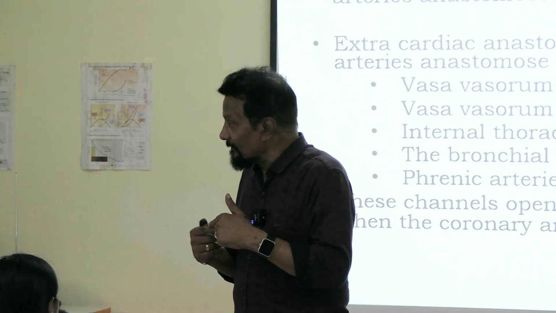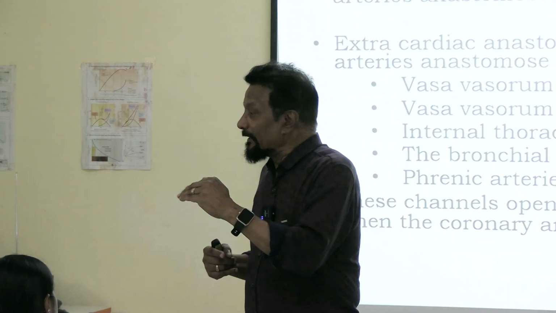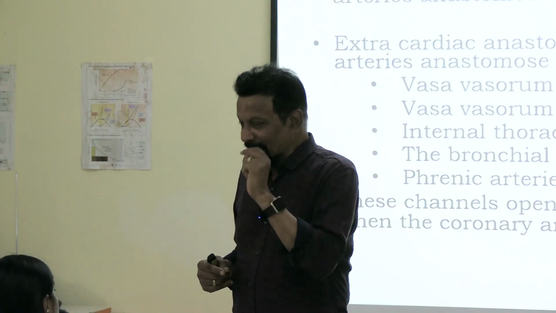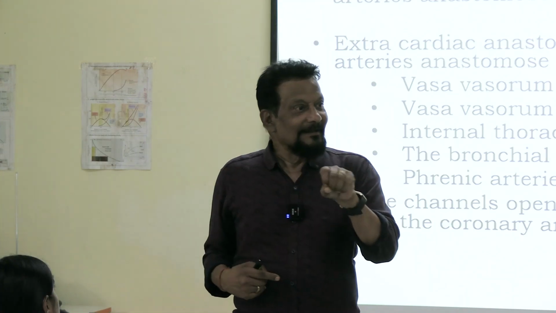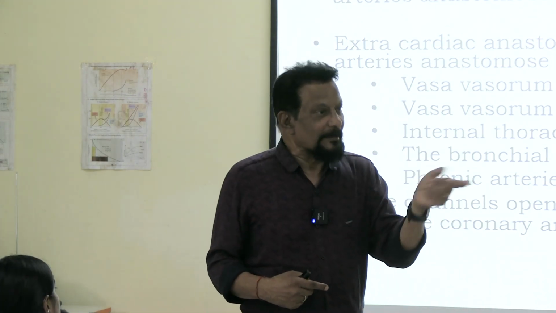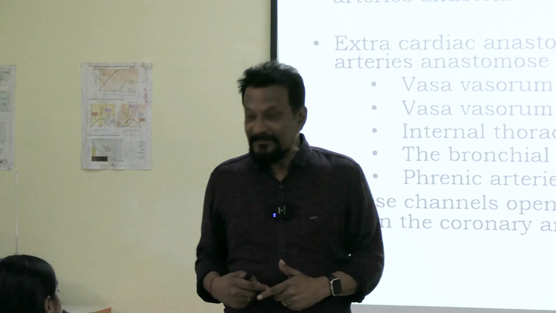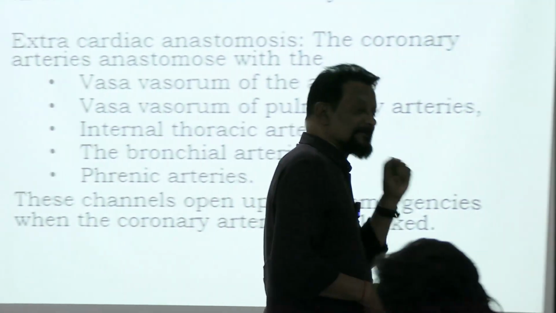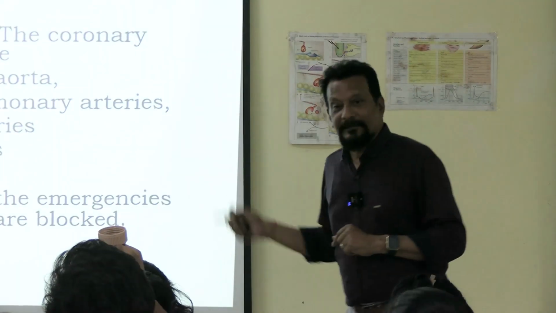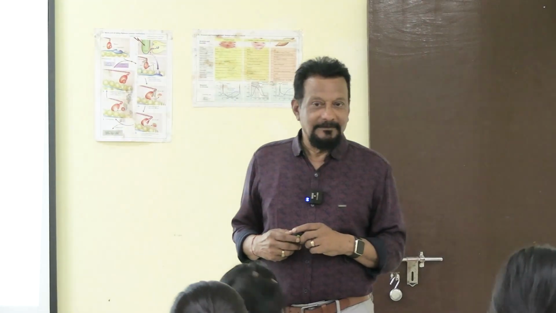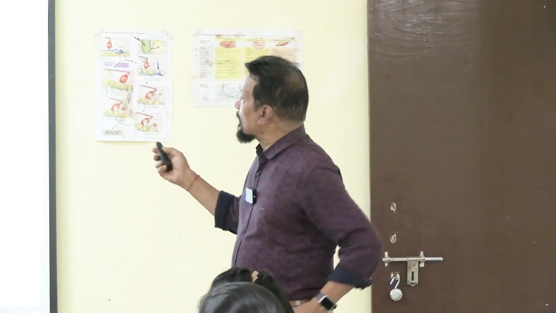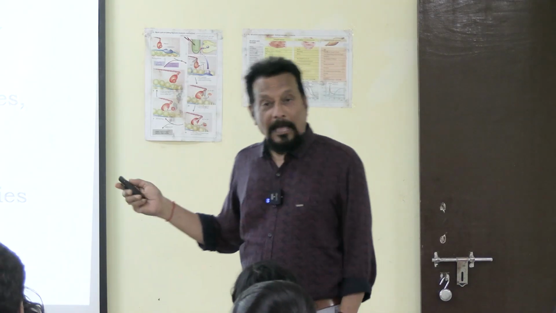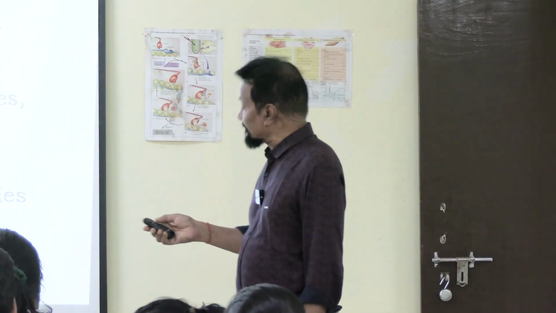Muscular coat is there, isn't it? Tunica media is made up of smooth muscles. So for their functioning, these smooth muscles need oxygen and nutrition. Who will supply this? The vasa vasorum. The branch of this vasa vasorum can also supply the heart. So vasa vasorum of the aorta and vasa vasorum of the pulmonary arteries can form anastomotic channels.